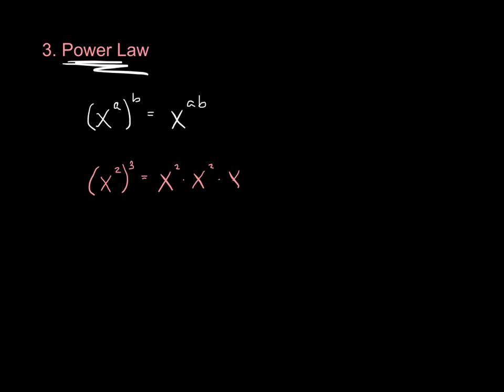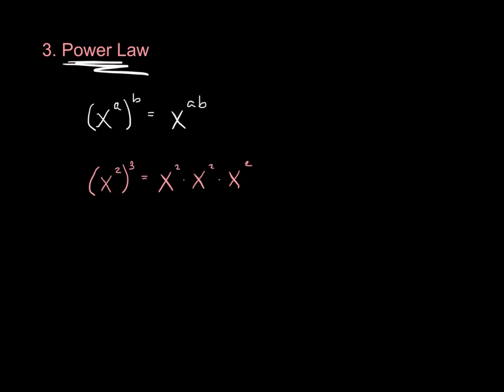And now we're going to talk about powers. So if we have x to a power and that's raised to a power, we multiply the powers together. So if we had x squared cubed, that's x squared times x squared times x squared.